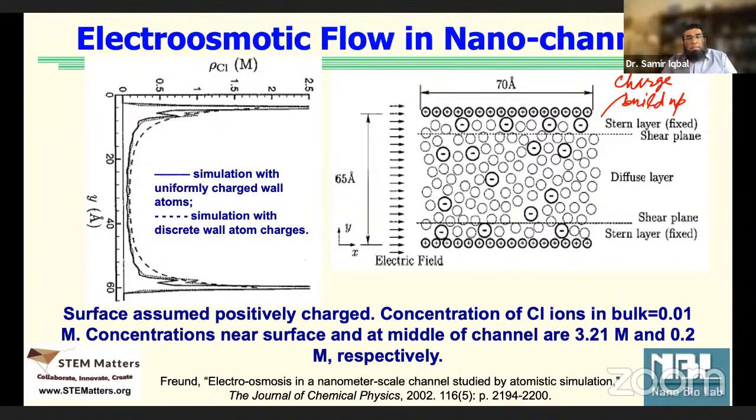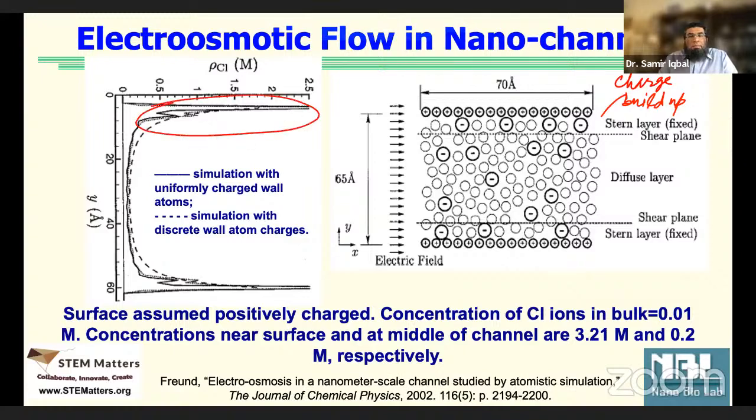So much so that in a simulation, if we have a solution in bulk at 0.01 mole, the concentration near the surface and in the middle of the channel would dramatically change. Close to the surface, the molarity would be 3.21 moles in this example, and in the middle it would be 0.2 moles because of the charge from the surface of the material.